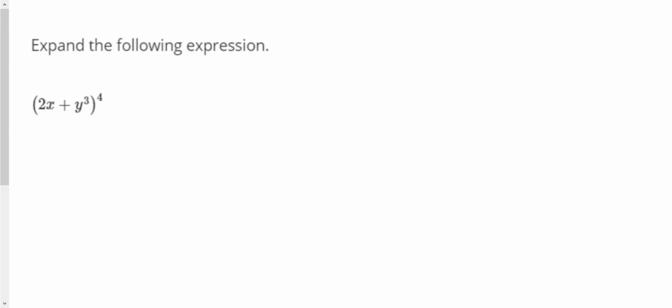Expand the following expression, 2x plus y to the third to the fourth. So let's go ahead and write our Pascal's row 4. So we've got 1, and then we're going to multiply that by 2x to the fourth, and then you'd have y to the third to the 0, so we'll just leave the y off.